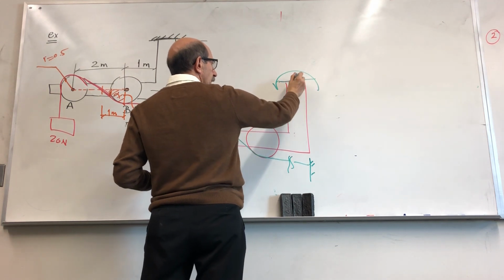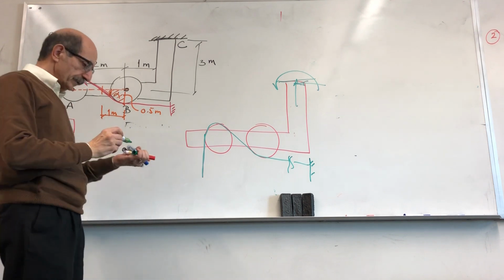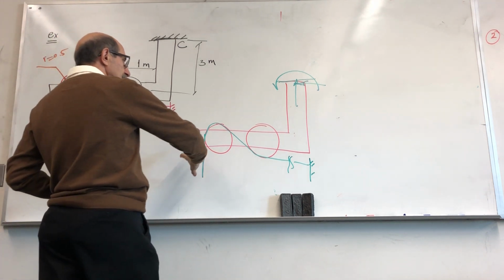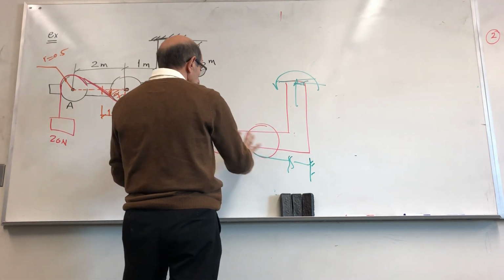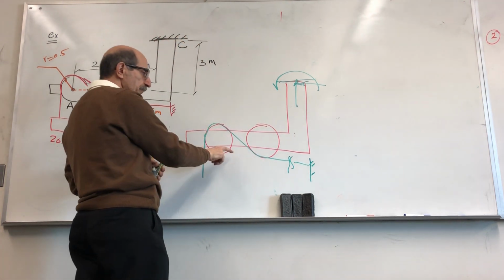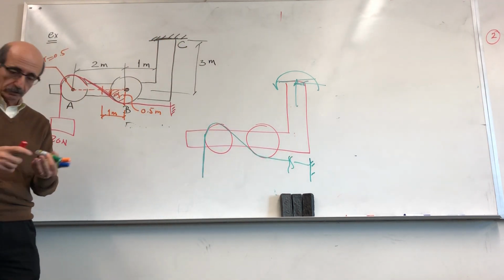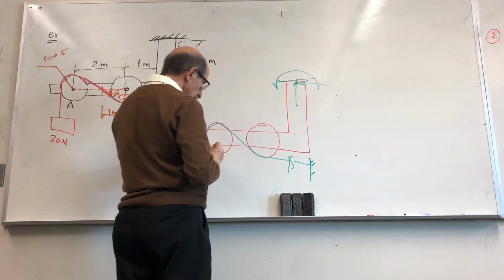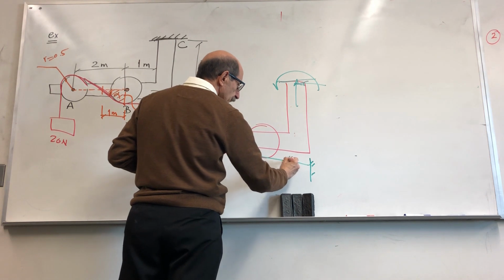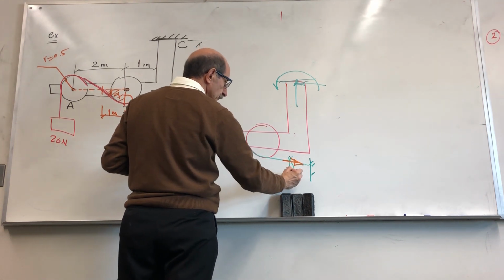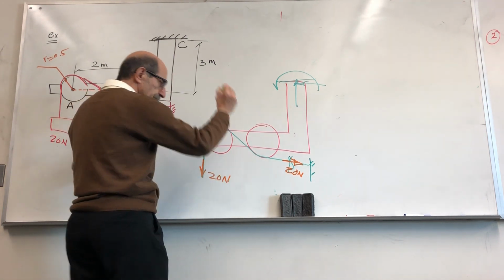So still, I have these forces, right? But here, if I cut the cable here, everything is an integral part of the structure. I'm not going to cut this cable here. I will cut it only at the point that is connected to the wall. So, in other words, as a result of cutting this, I have a force of 20 Newton here, and a force of 20 Newton here.